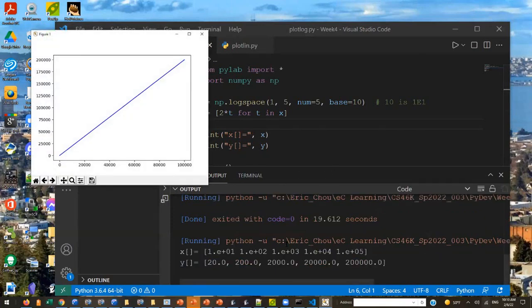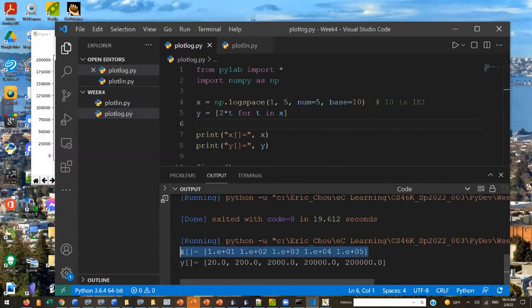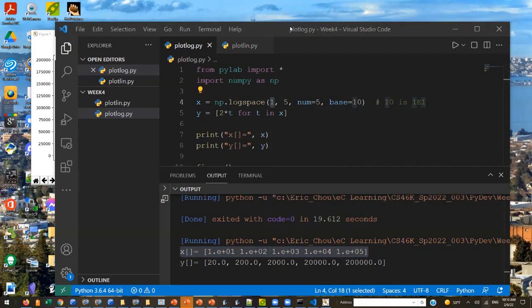You see X in this way, 10 to the power 1. Log scale means your X uses the base; you assign base 10, with 1, 2, 3, 4 up to 5. You can create log scale numbers with that.